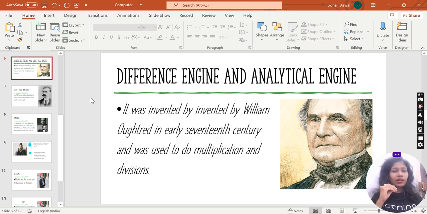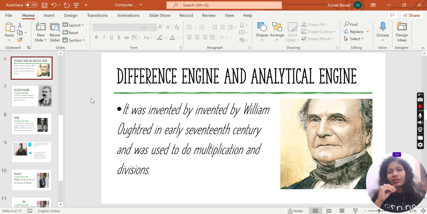In 1822, Charles Babbage invented a machine called the difference engine, which was able to do mathematical calculations. Again in 1837, Babbage invented another machine called the analytical engine.